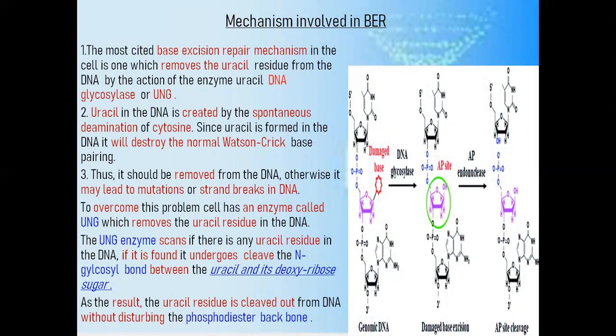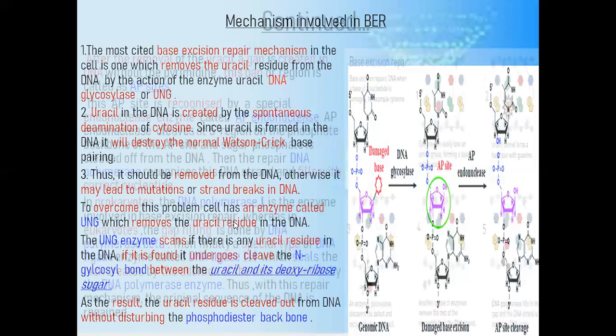This UNG enzyme scans for any uracil residue in the DNA. If it is found, it cleaves the glycosyl bond between the uracil and its sugar, and as a result the uracil residue is cleaved out from the DNA without disturbing the DNA backbone, that is the phosphodiester backbone.